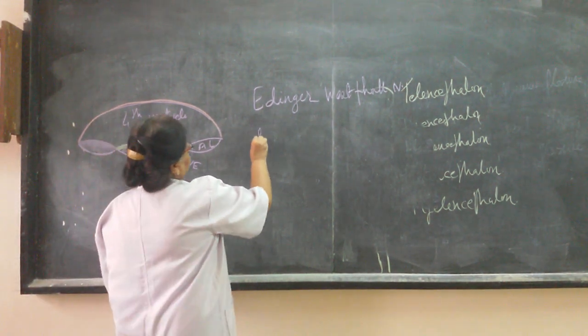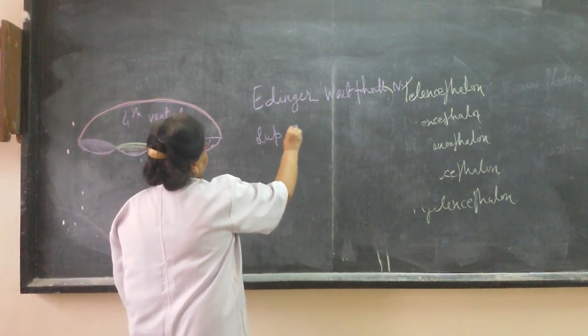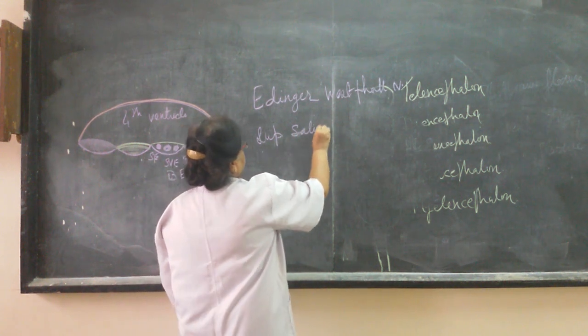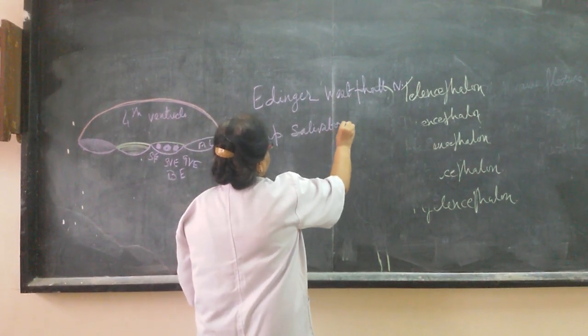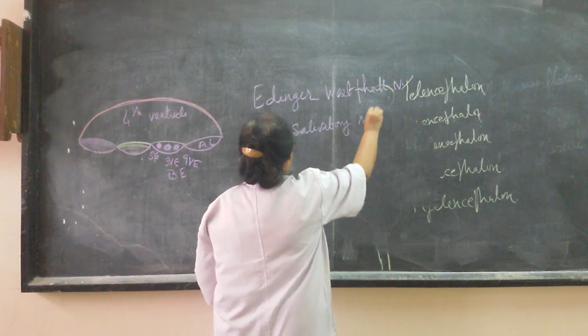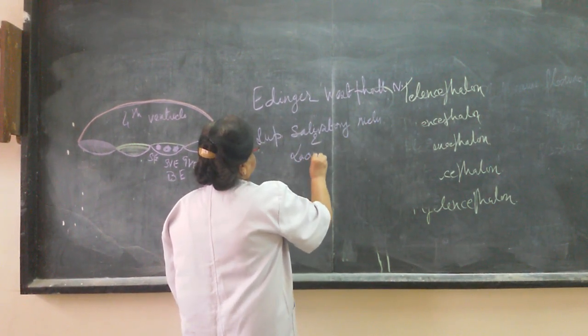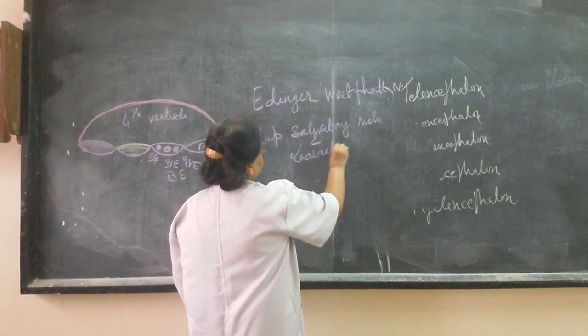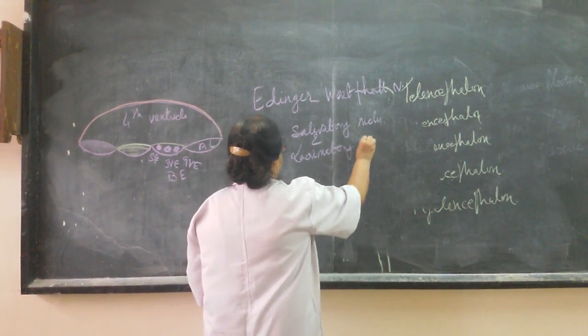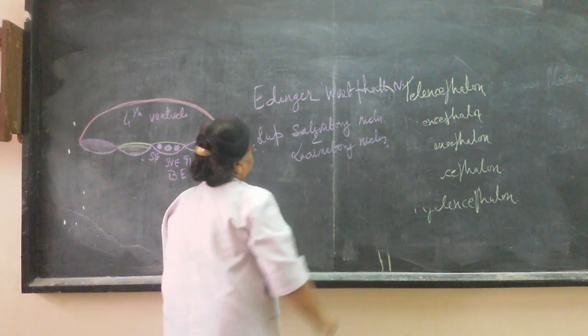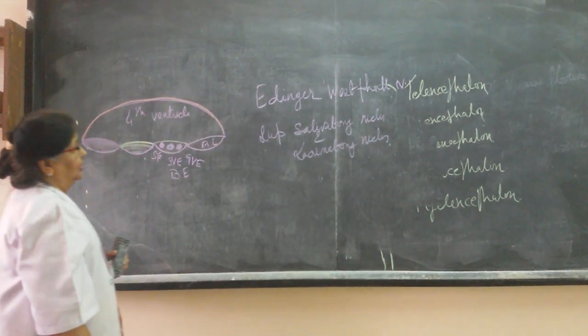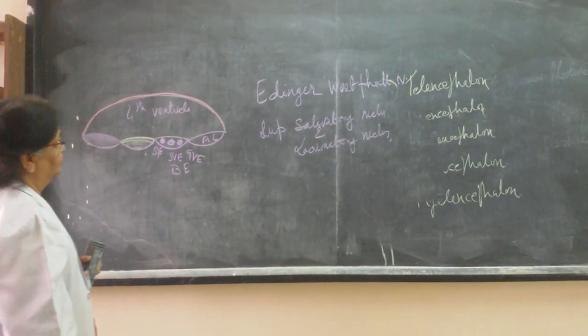Then superior salivatory nucleus and lacrimatory nucleus. These are related to the seventh cranial nerve.